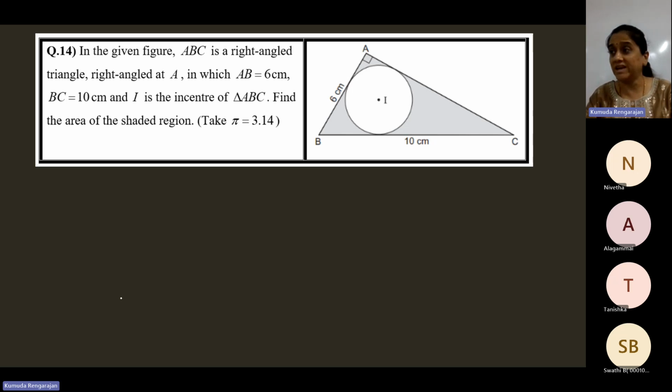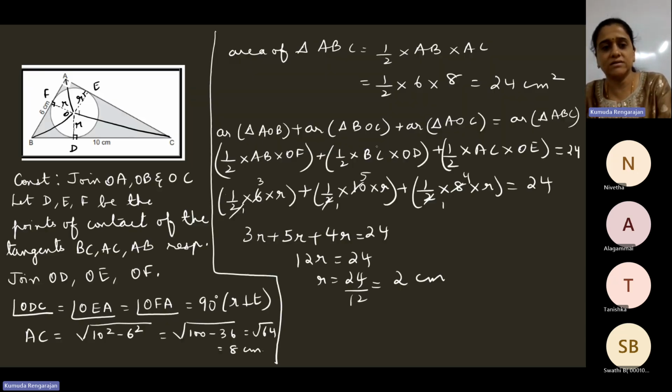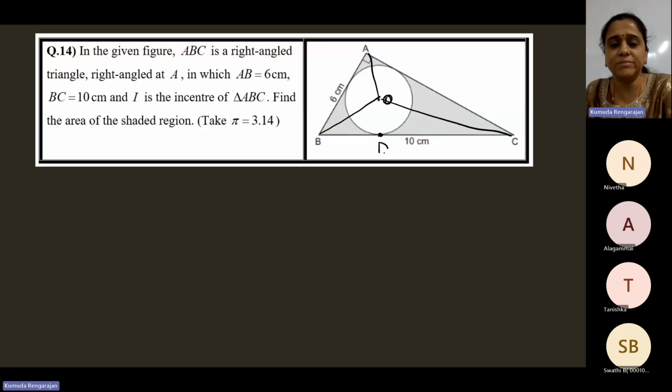For the circle, you need the radius. So here what we do? We join. I've taken this as O, children. It's called I because it's the incenter. So join OA, join OB, join OC. Let D be the point of contact of the tangent BC.